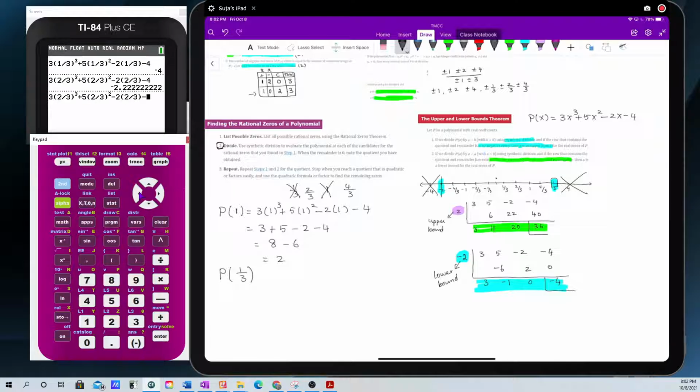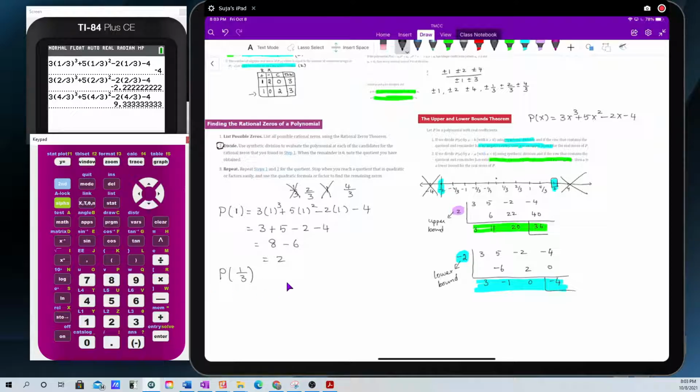Now the last leftover is 4/3. Four-thirds will work?